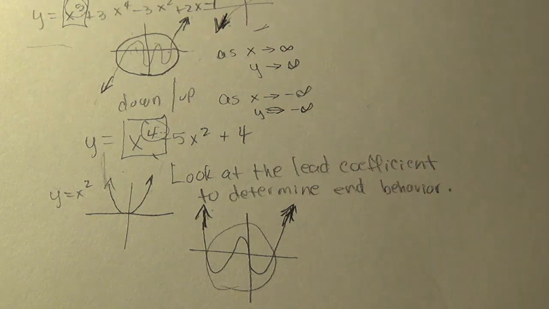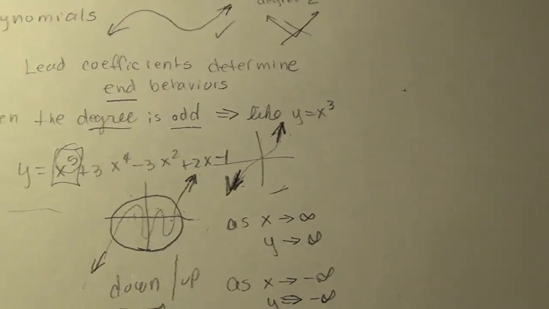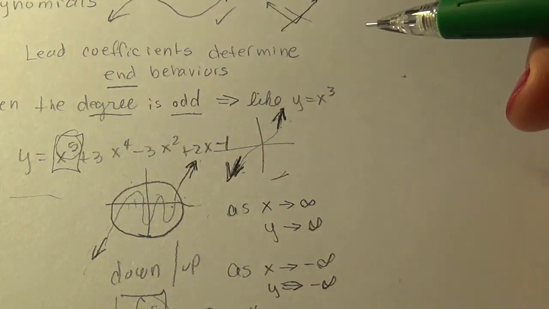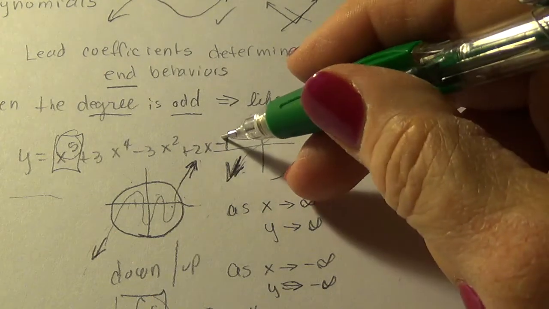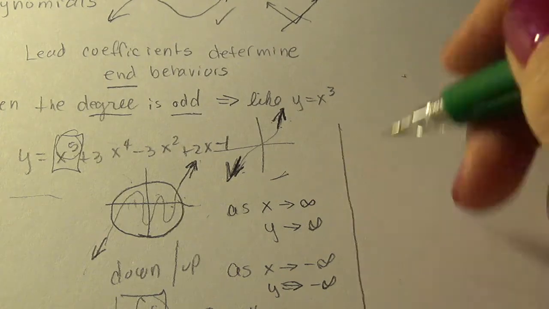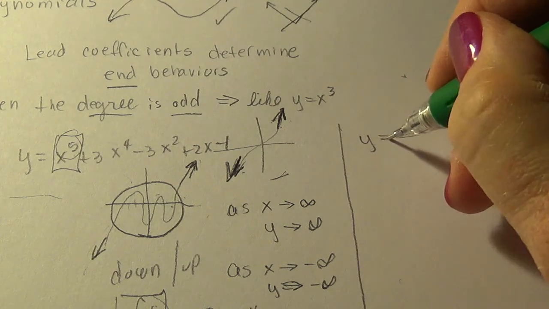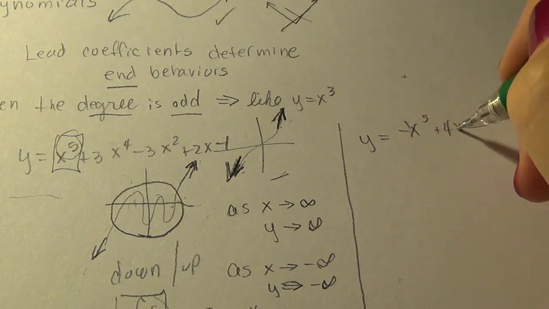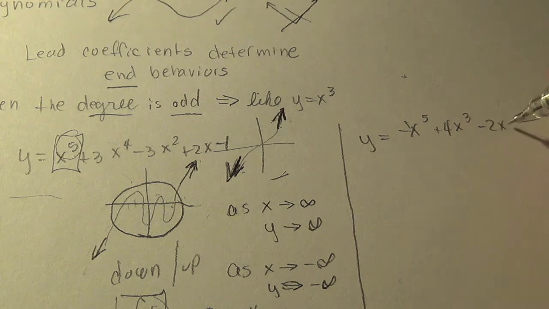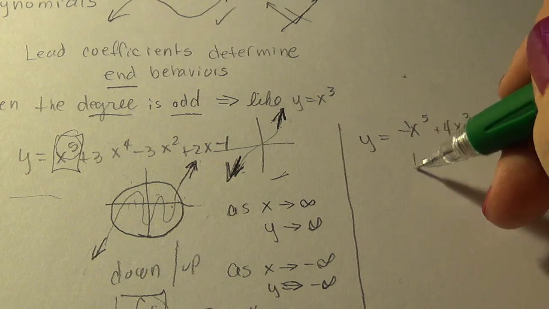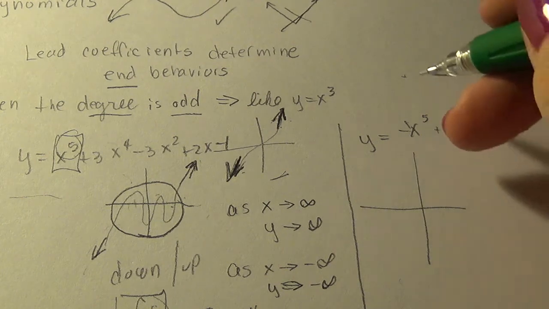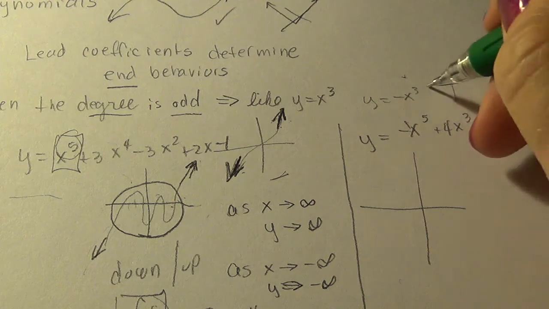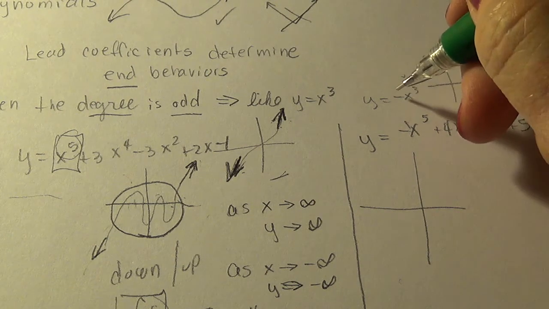All right, let's talk about what happens back up here when the lead coefficient is negative. Here the lead coefficient was positive. So what if we had y equals negative x to the fifth plus 4x cubed minus 2x plus 5? Then this will act like y equals negative x cubed.